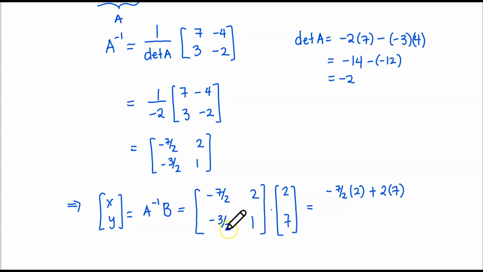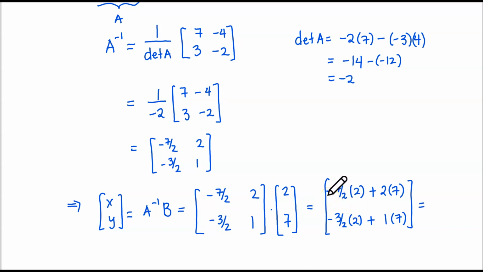And then here, you have negative 3 halves times 2, plus the product of 1 times 7. So it is this row here times this column: this entry times that entry, and the entry here times this entry. So we have 1 times 7. This is your B. Then you just have to simplify.